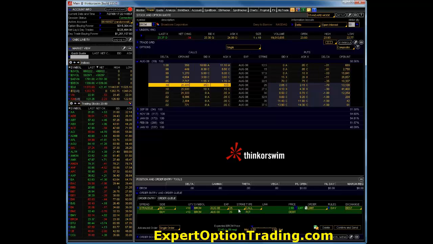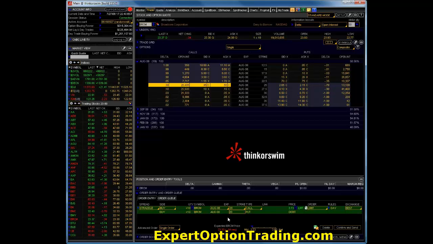Just for the sake of being as thorough as possible, let's take a look at another strike price. This is the $25 strike price. Let's bring up the $27.50. That's a little bit more expensive. And we can go down to the $22.50. That's $2.35. It looks like the $22.50 is actually the cheapest straddle at $2.35.